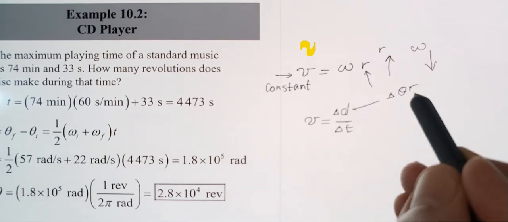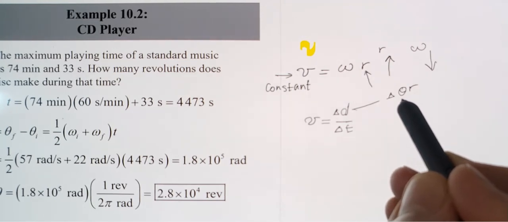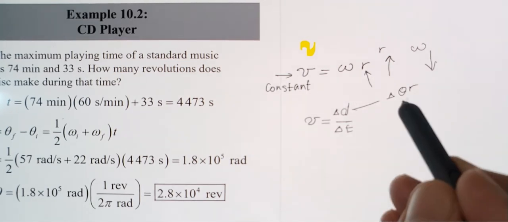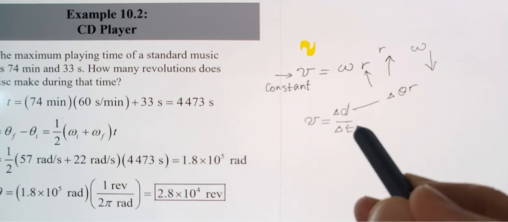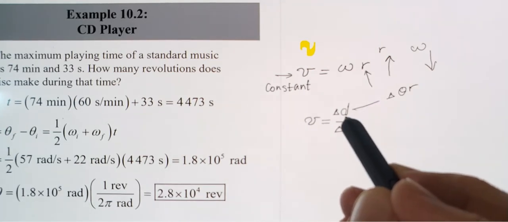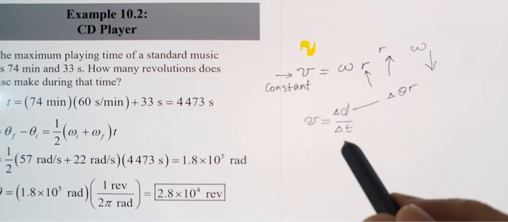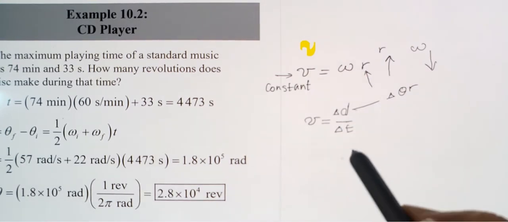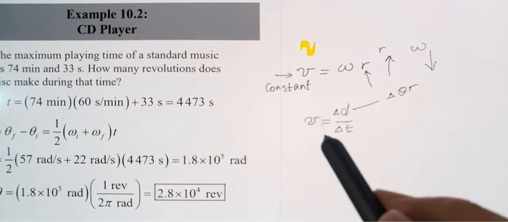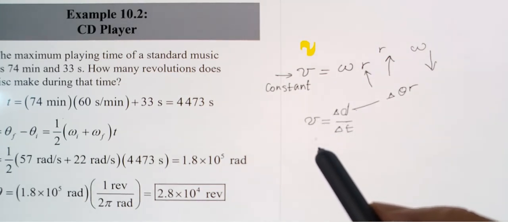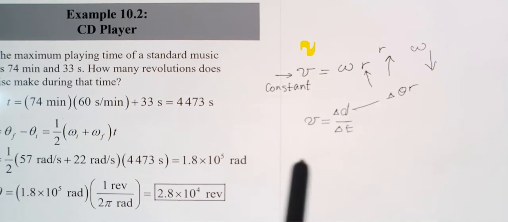When r is different, delta theta is different, so you end up with a different time. So if the distance covered by the CD is larger, then you will need more time to achieve the same speed. So the time is not constant. The speed is constant.